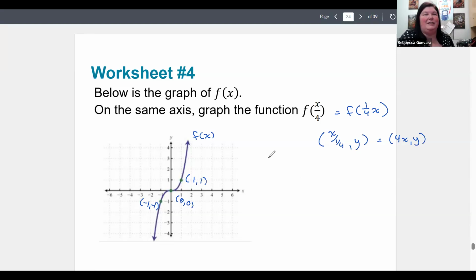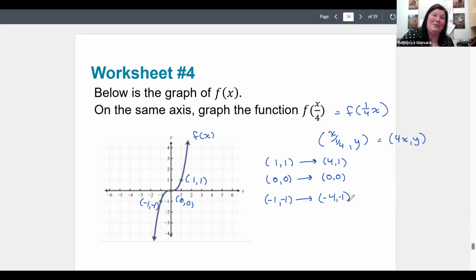So what we're going to have here is that this point is not going to be 1, 1 anymore. It's going to turn into 4, 1. My point at 0, 0, when I multiply my x by 0, becomes 0, 0. My point at -1, -1, when I multiply my x by 4, is going to be -4, -1.